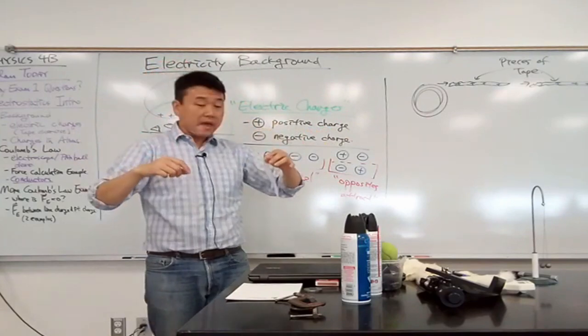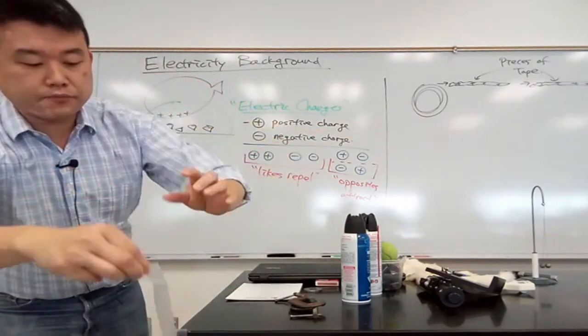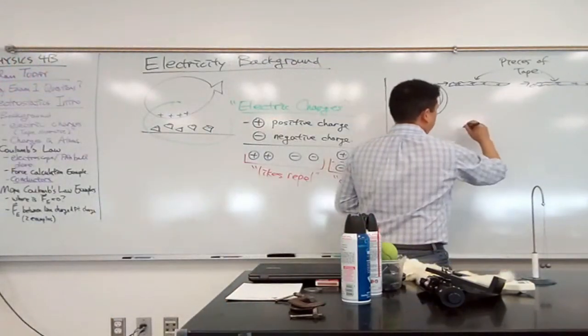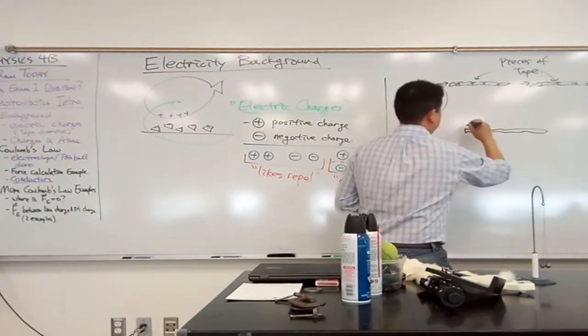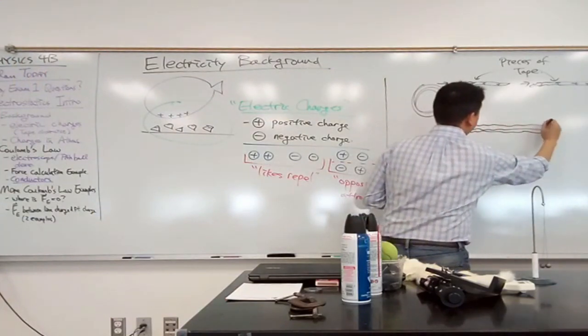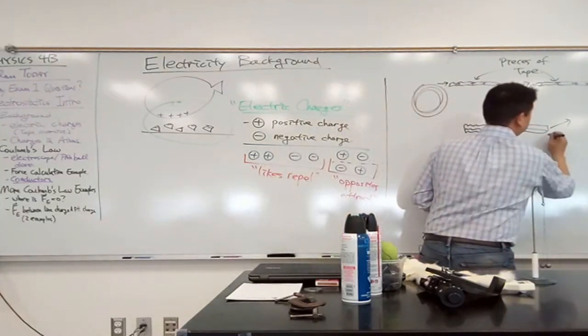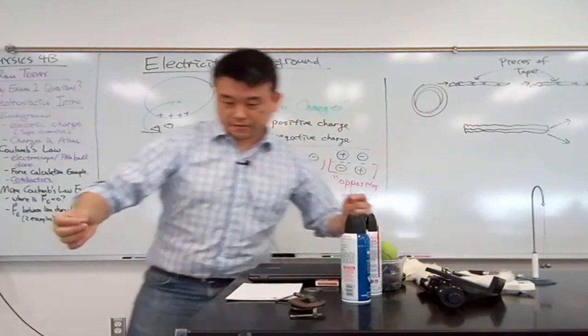Yeah? And the next part of what we did is we put these two pieces of tape together. So here's the bottom piece of the tape, and here's the upper piece of the tape, and we peeled off one at a time. Let me just do it again.